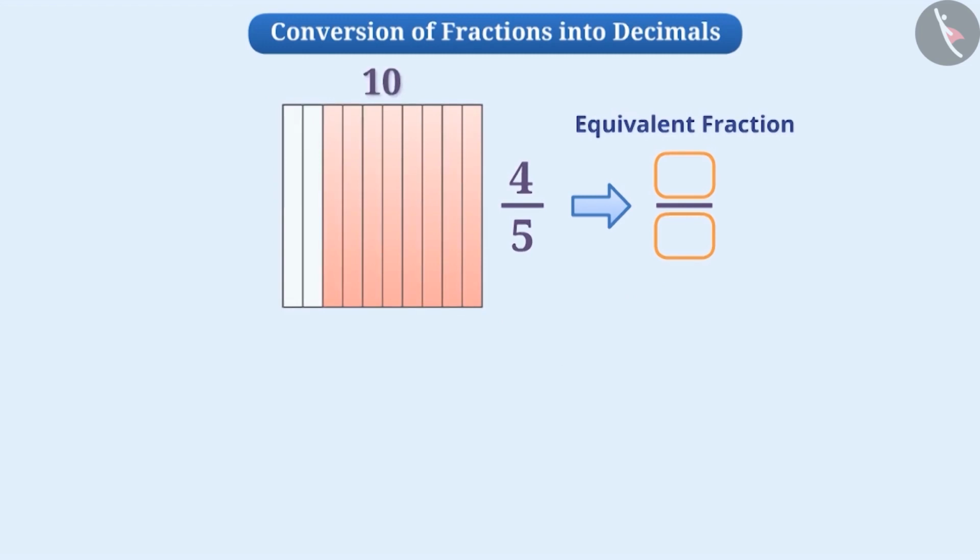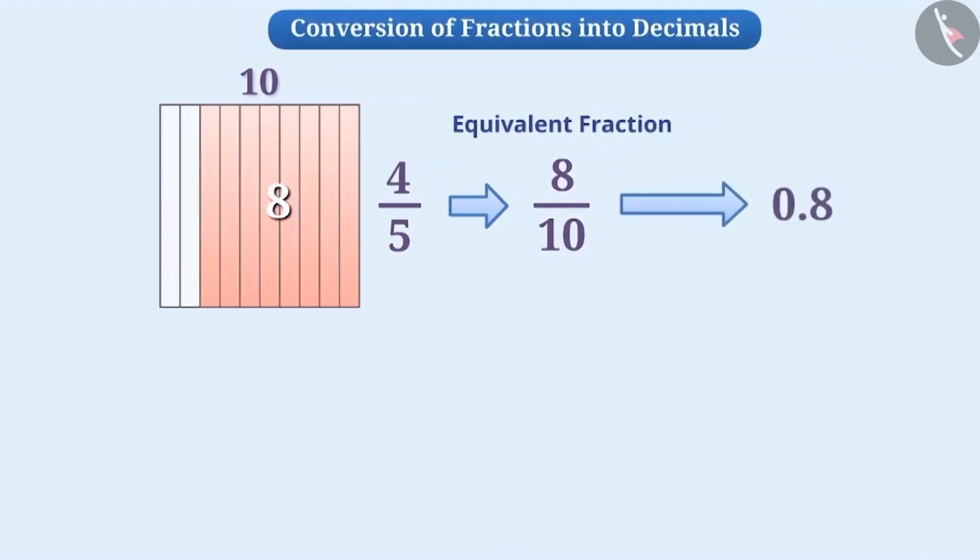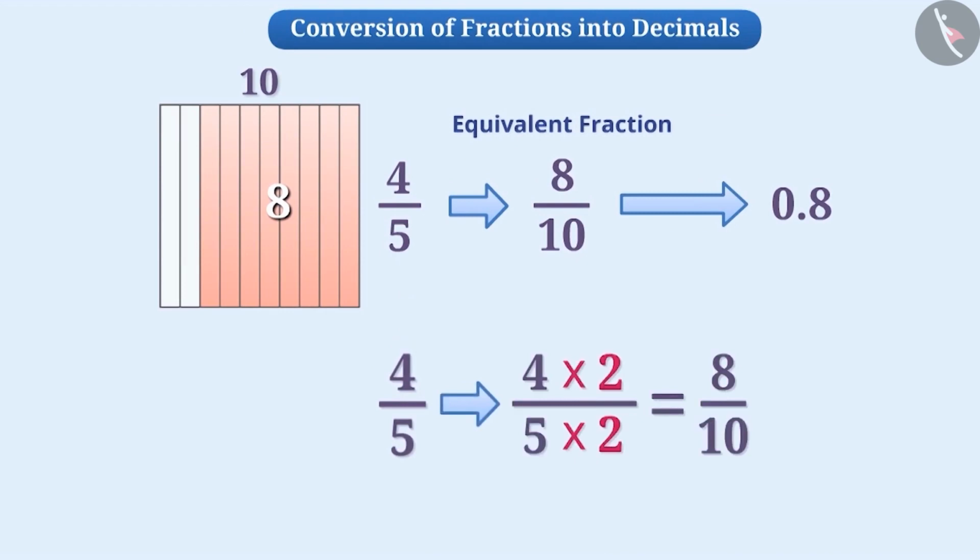Now, 8 of these parts are shaded. So, we can say that the equivalent fraction of 4 by 5 is 8 by 10. We will represent the same in decimal form as 0.8. Generally, to find the equivalent fraction of any fraction, we will multiply the numerator and the denominator of the fraction by the same number.